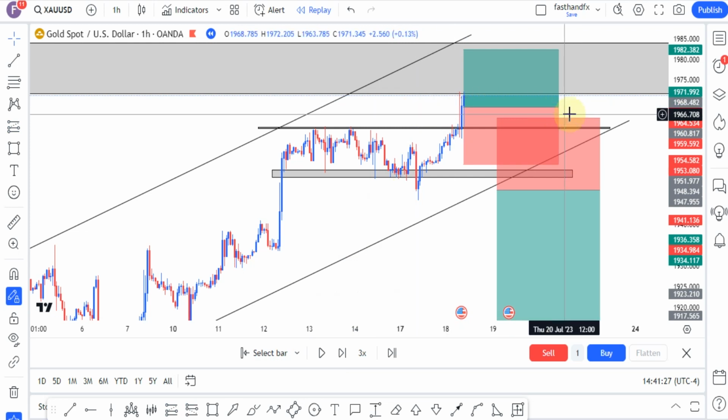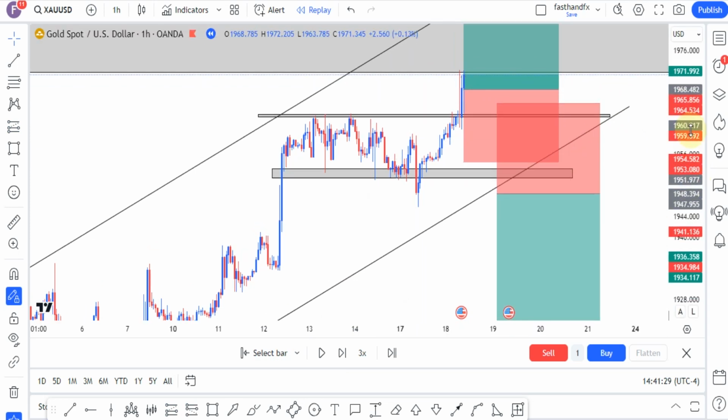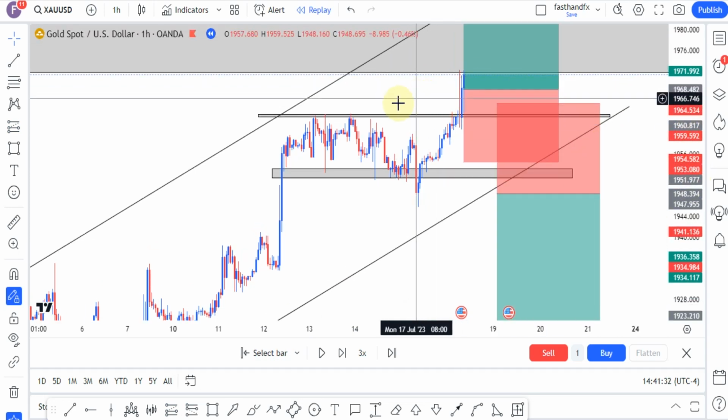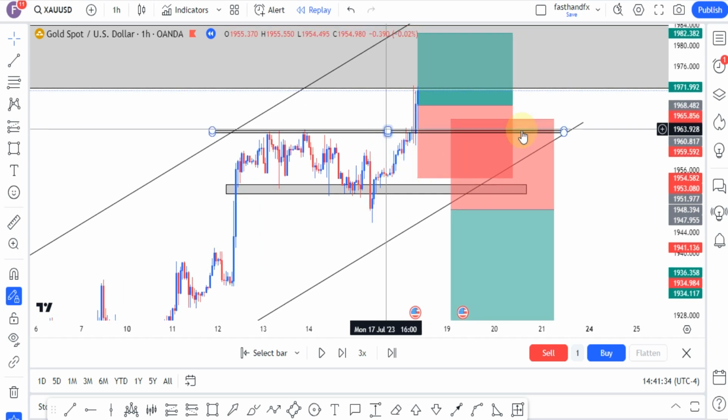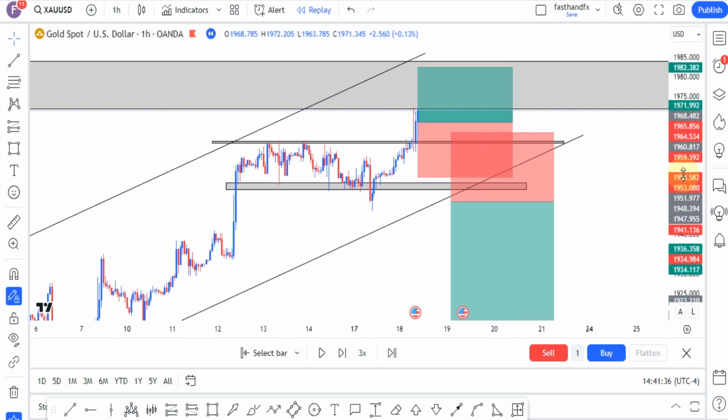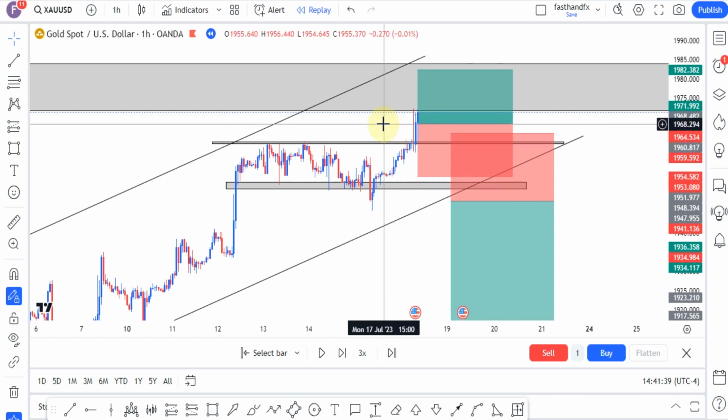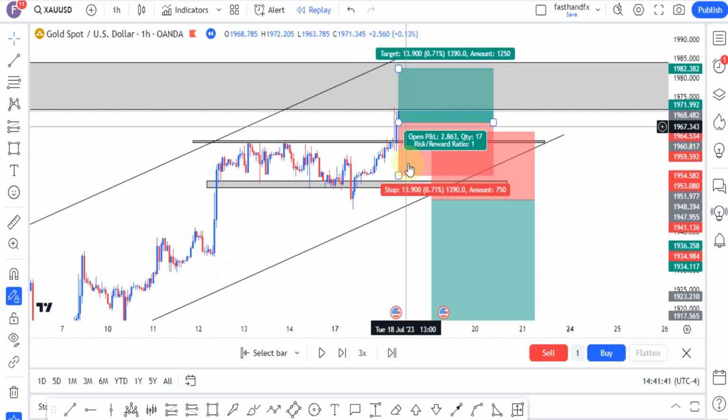But normally when you see these kind of setups, guys, don't take your entries unless you have a confirmation pattern. Unless you have a confirmation. So what's your confirmation? So maybe wait for the market to break above this area.